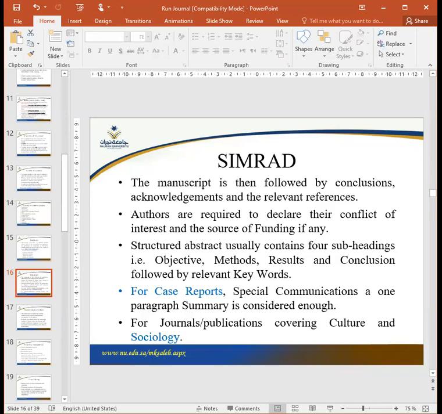For a journal or publication covering cultural sociology, it is important that they include manuscripts which carry some message relevant in this field. A success story which could encourage others to follow the same footsteps could be a useful addition to the content.